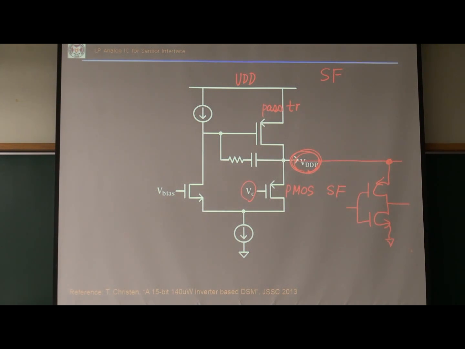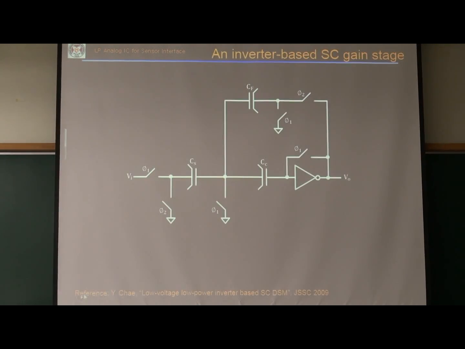Then the current at the logic threshold point is the same as I bias, right? Question? All right.